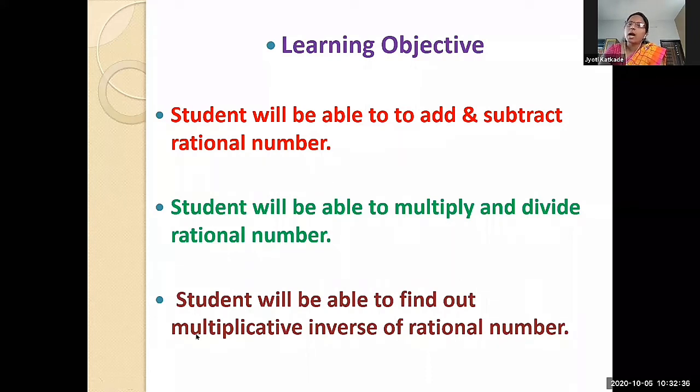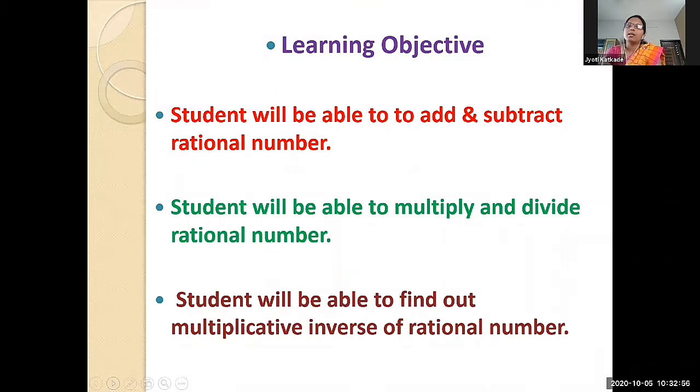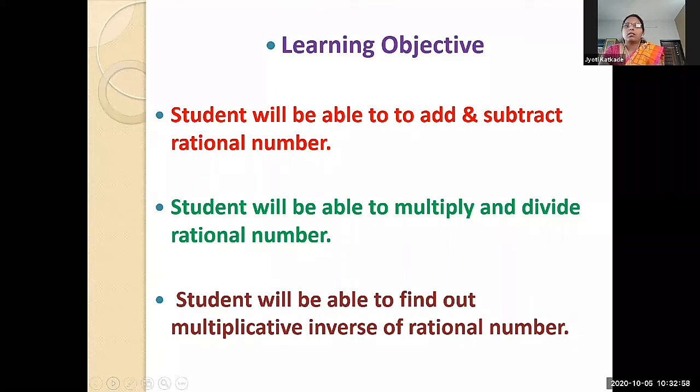Now students, our topic is operation on rational number. So we have to have knowledge regarding numbers. Okay, I think you all know the numbers. From our childhood we learn the numbers. See, our parents ask us some questions in our childhood.